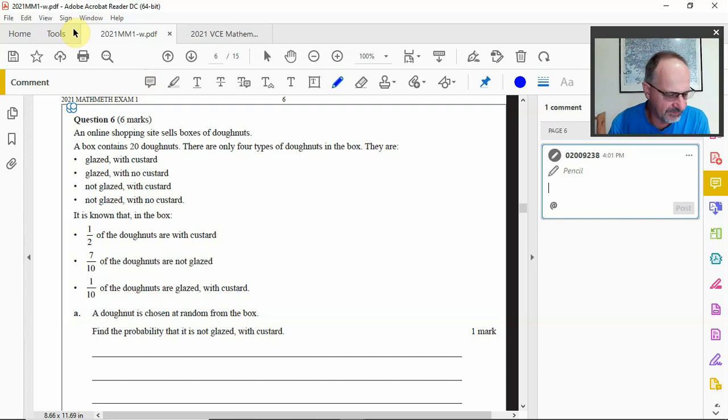So I'm going to use G and C. G for glazed, C for custard, and then G dashed and C dashed.